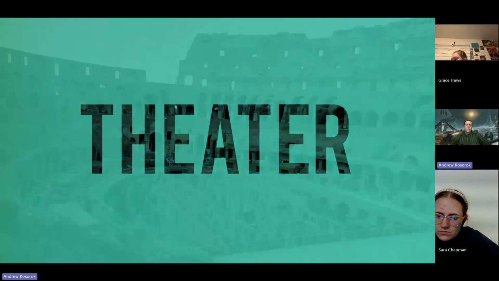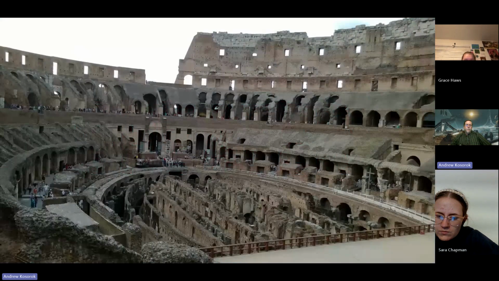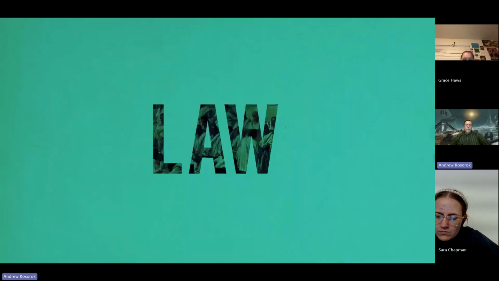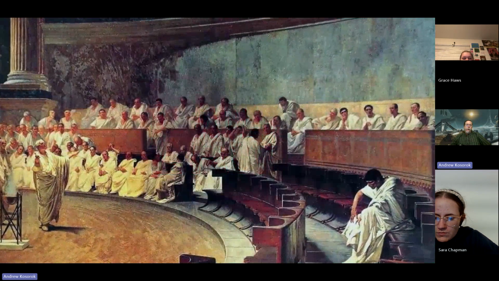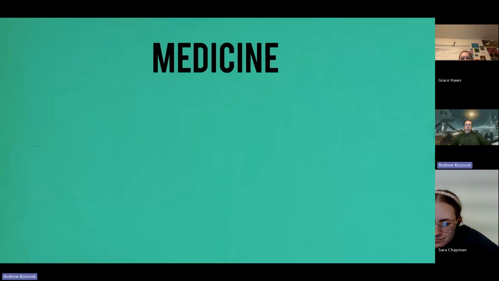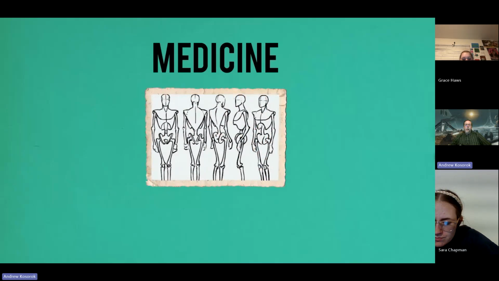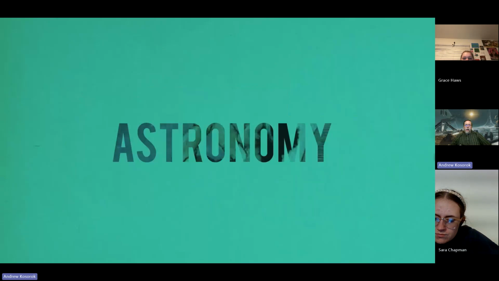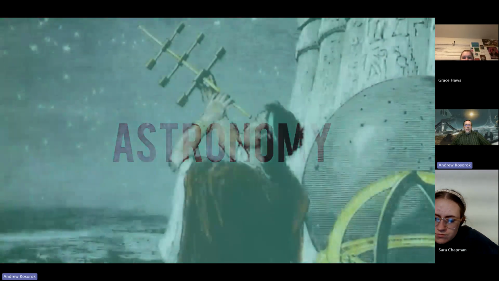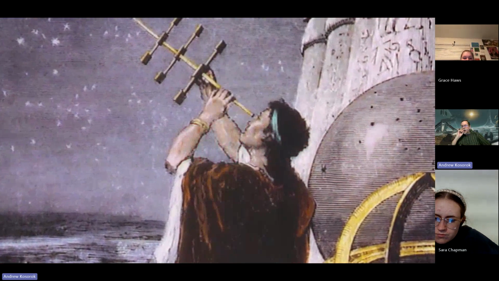Theater, to show the architect knowledge of sound behavior and propagation. Law, to follow the state's rules and to avoid unnecessary conflict with neighboring lots. Medicine, to understand the human anatomy and the elements of our health that are crucial for the well-being of the building's or city's occupants. And astronomy, to map out the sun path and to direct it into his buildings.